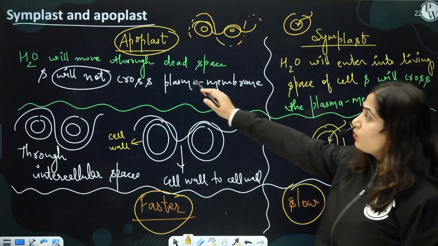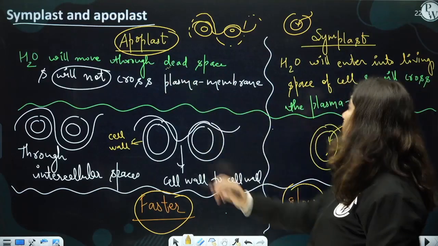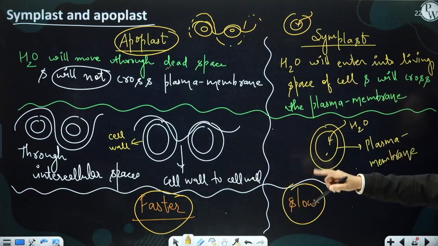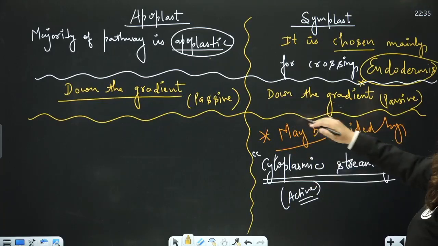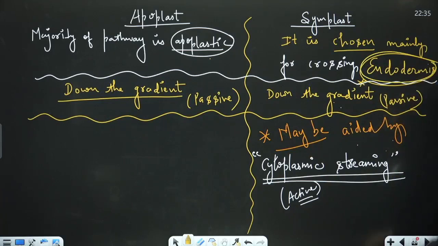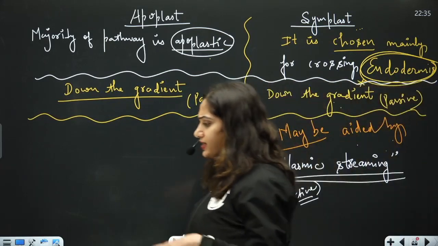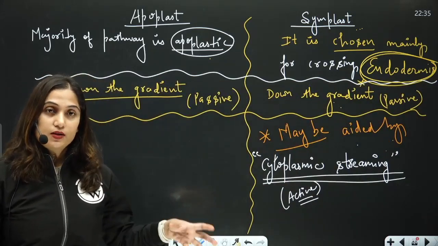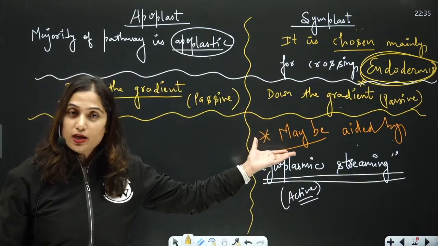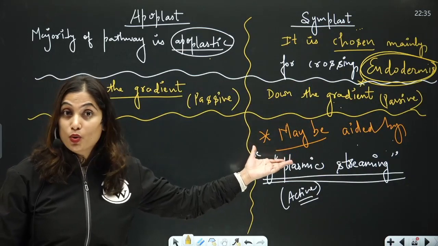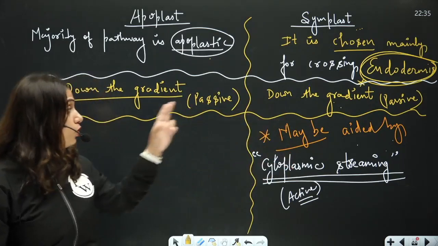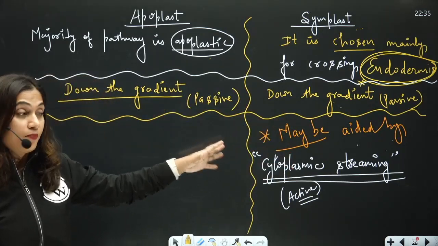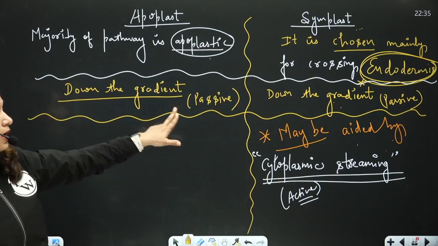So majority of the pathway is done with the help of apoplast, but to cross the endodermis, symplast is taken. Why? I will just tell you. Now there is a notion: students think that because the water will cross the plasma membrane in the symplastic pathway, it will be an active process. No, do not think like that. Both the processes, these are the lines of NCERT, occur down the gradient.